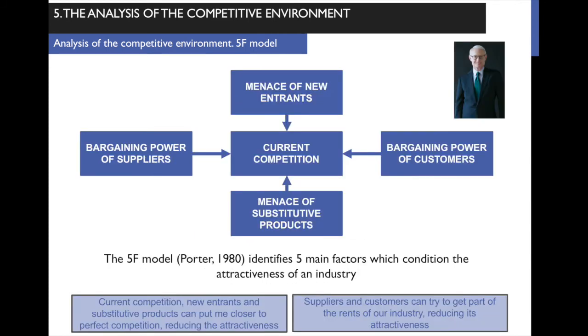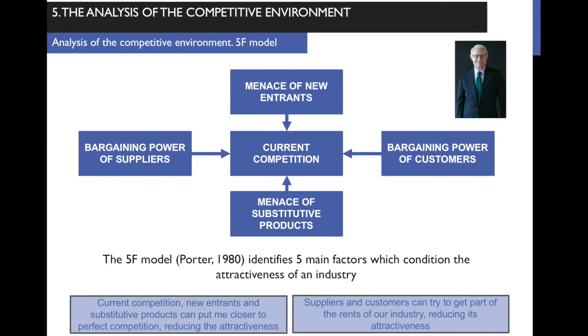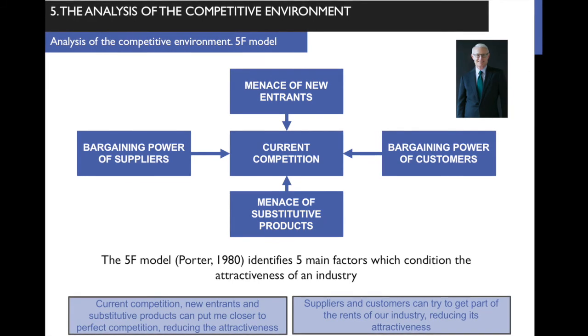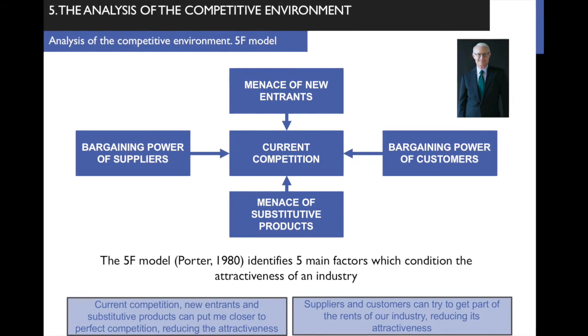So, Michael Porter, we have him here, and we have him everywhere in our subject. Michael Porter created a model which considered that there were 5 forces which affected the attractiveness of the industry. He identified 5 main factors which could condition the attractiveness of the industry.